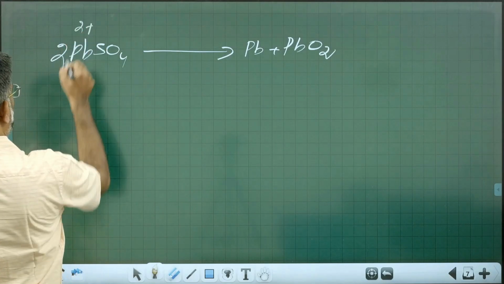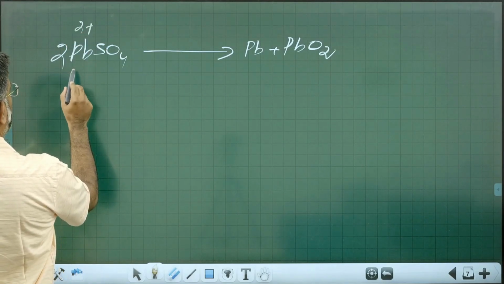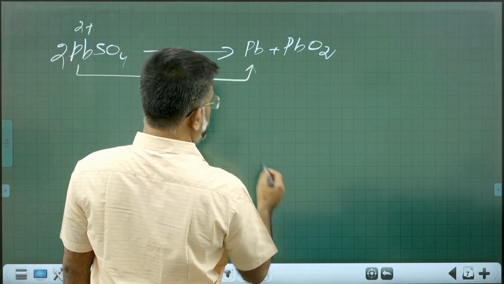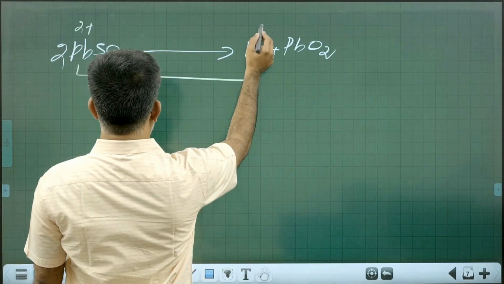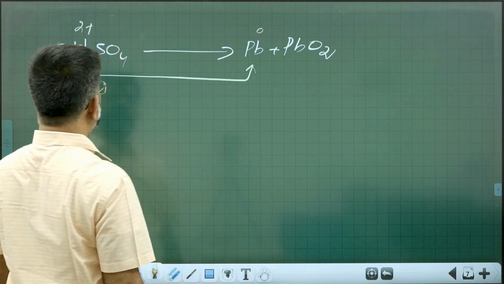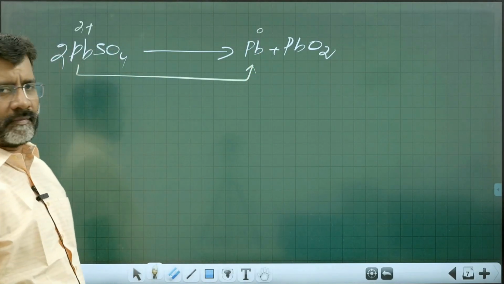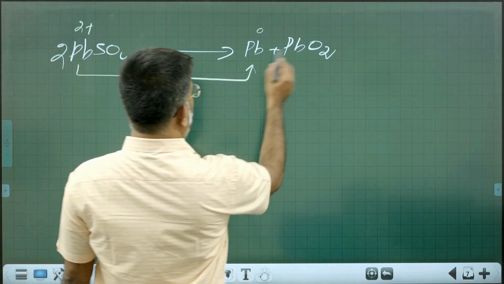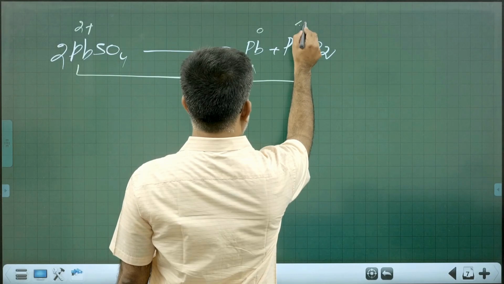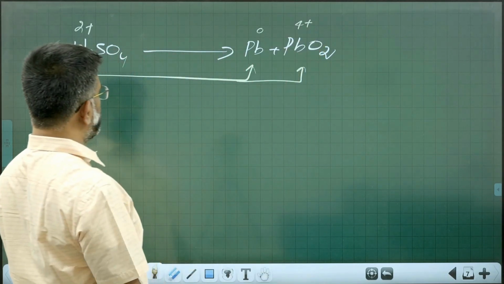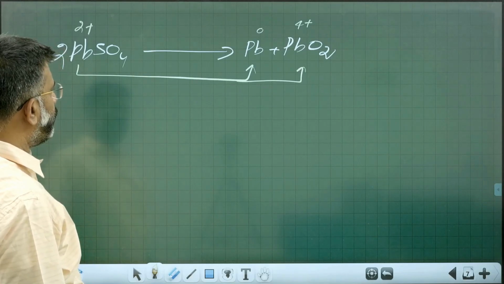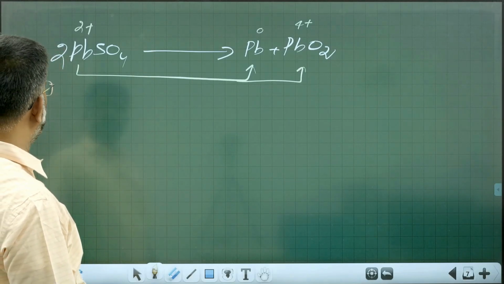Lead 2 plus is converted to lead 0 and lead 4 plus, PbO2.